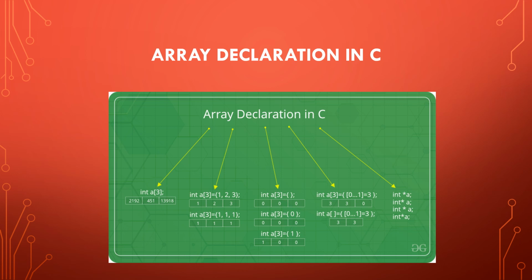In the second, the elements in an array are initialized beforehand, so the memory location holds the elements. In the third, the arrays are not initialized, so they take garbage values and zeros. In the fourth, slicing is done, and two or three more elements are declared as one element. And in the fifth, it is declared using pointers.